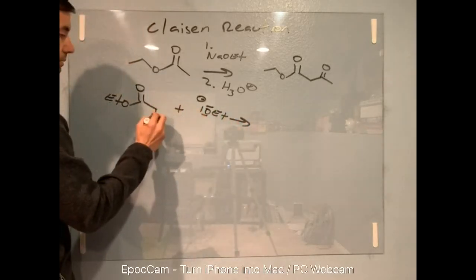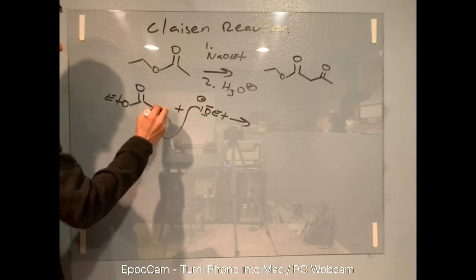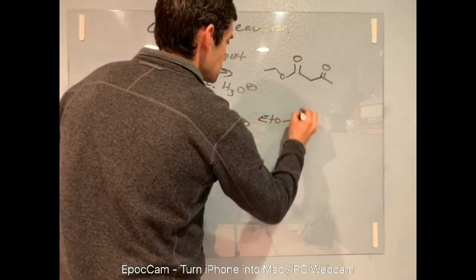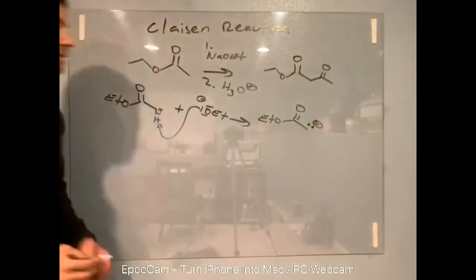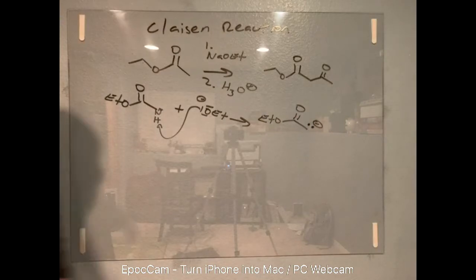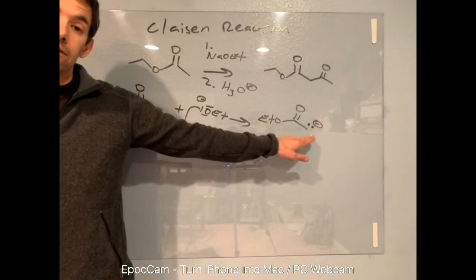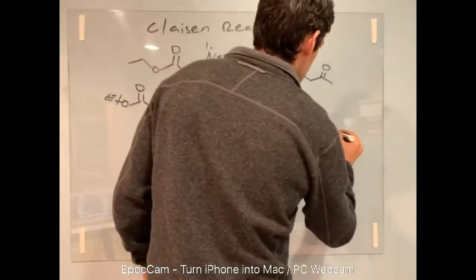And what we're going to do, just like before, is deprotonate our alpha carbon. Okay, and we get to this form here, where, just like we saw before, we have that negative charge on that carbon. We made an enolate.